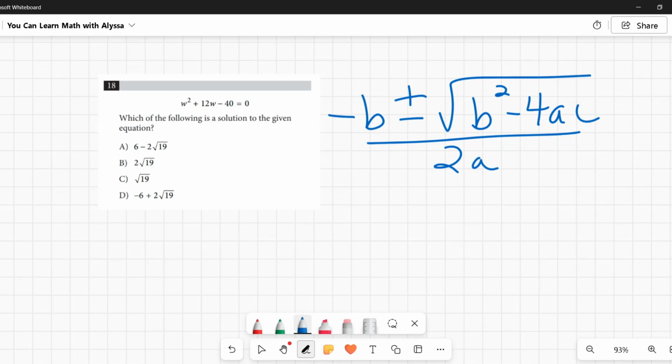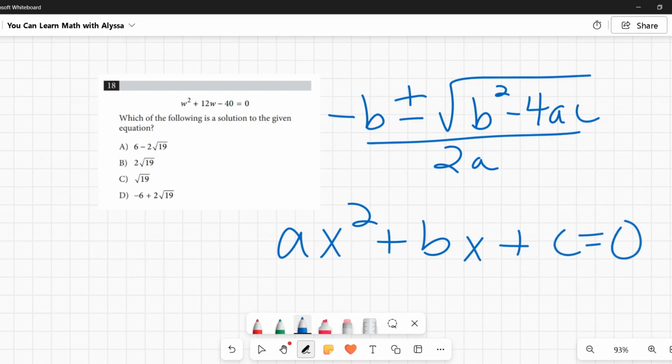The b's, a's, and c's here are referring to when I have a quadratic in the form of ax squared plus bx plus c equals 0. That is important, that it equals 0. The a is the coefficient in front of the x squared. If you don't see one, like in this case, it is an invisible 1. The b is the coefficient of the x, and the c is the constant that's by itself.